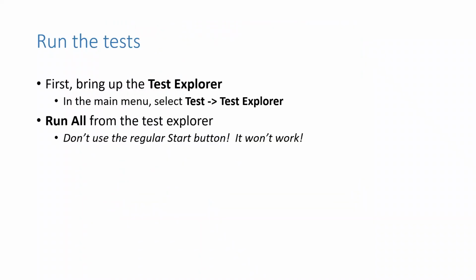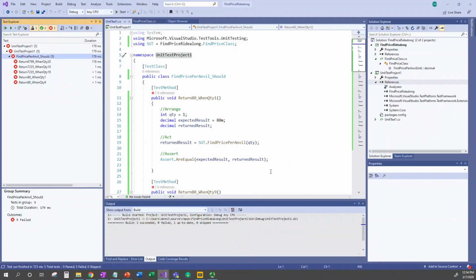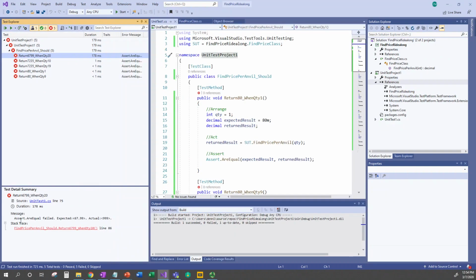Well, why do you think they failed? Well, let's take a look at what we see here when we select a particular test. Look down here. Assert AreEqual failed. We expected 67.99, but the actual result was 999.